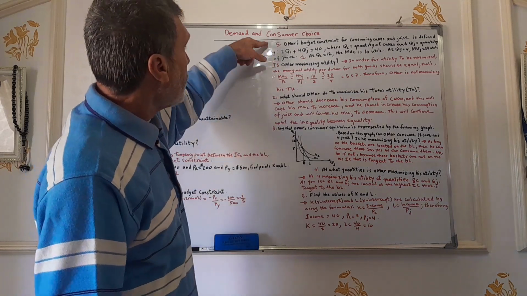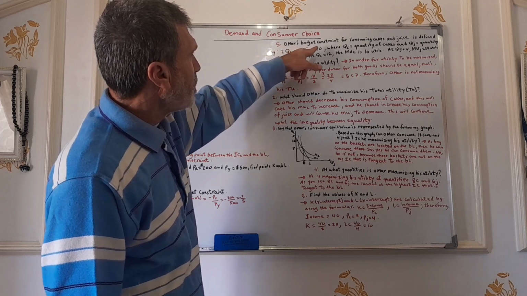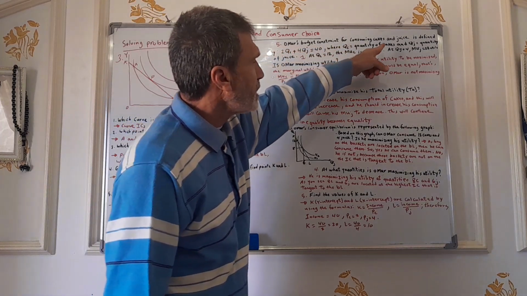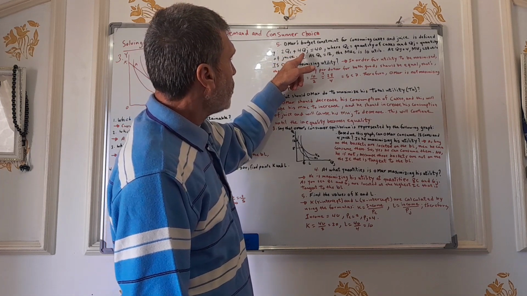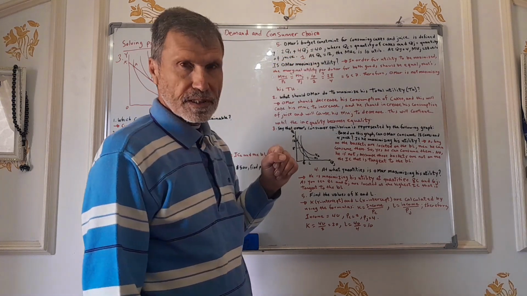Now, problem 5. It says Omar's budget constraint for consuming cakes and juice is defined by 2QC plus 4QJ equals 40.